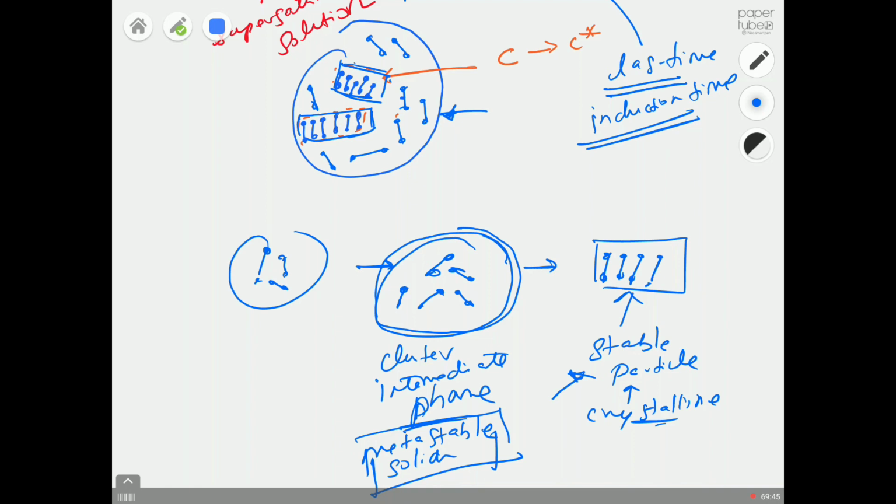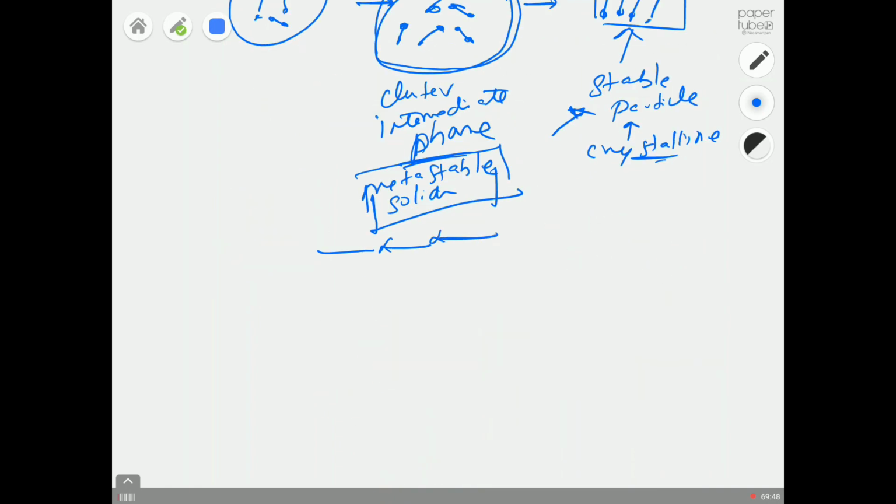I think this is more than enough to give you some idea how crystals grow in solution. If you go to a classical textbook, even the Mullin book, which I really love to read, they talk about what is saturation, what is supersaturation, what is solubility.